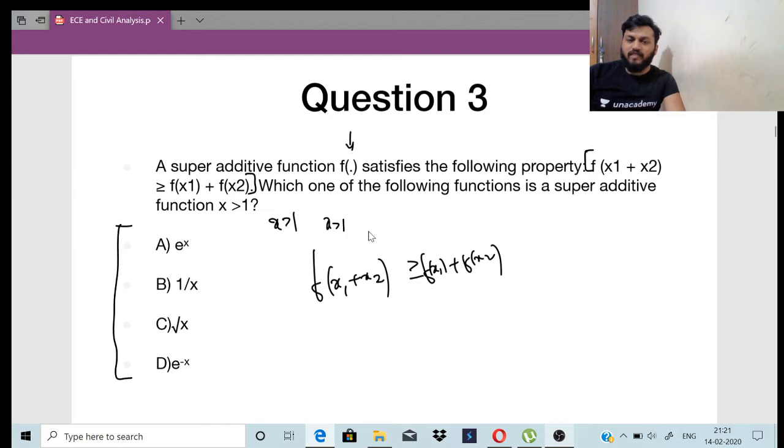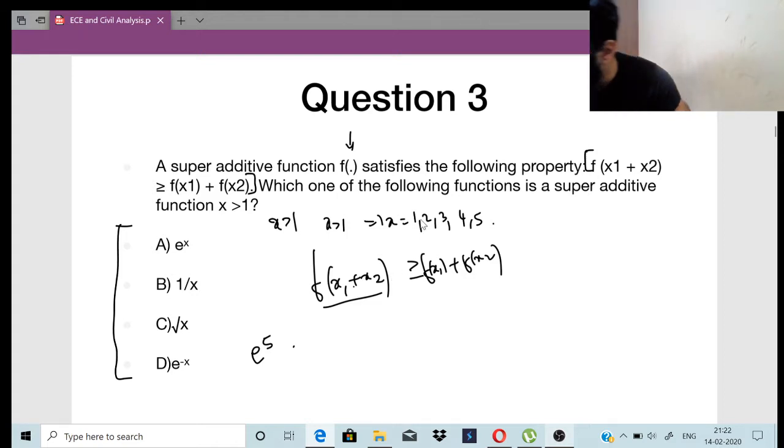X is greater than 1, meaning I can write x as 1, 2, 3, 4, 5. So take e power x. What is this? x1 plus x2. So good evening Soumya. Okay, e power x.